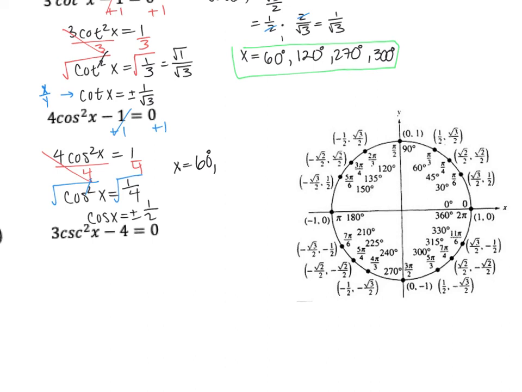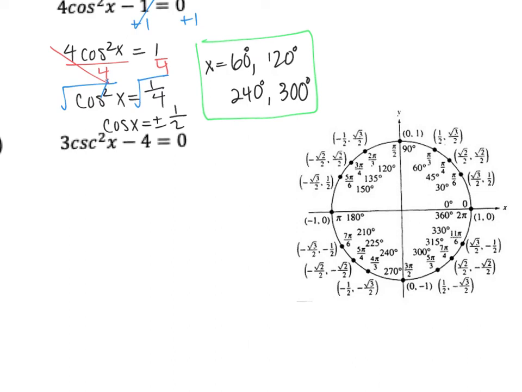And then also, another one, this one's a negative 1/2, is at 120 degrees. And then here we have also another negative 1/2 at 240 degrees. And then another 1/2, this one's a positive 1/2 at 300 degrees. And then that is it. That is all the cosine values that are positive or negative 1/2 on the unit circle.